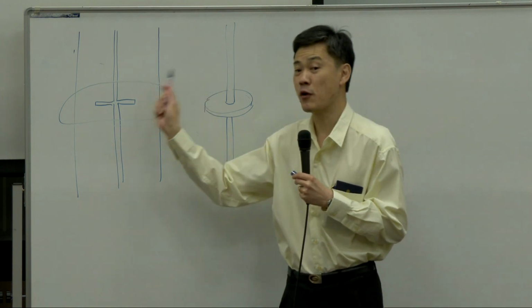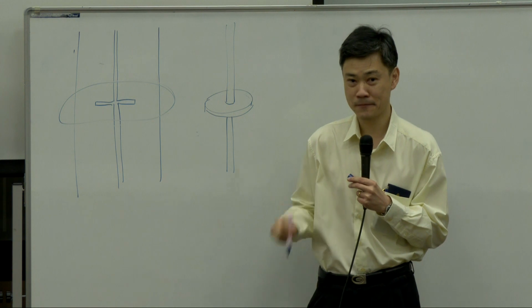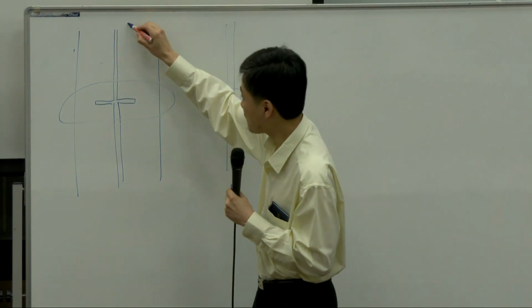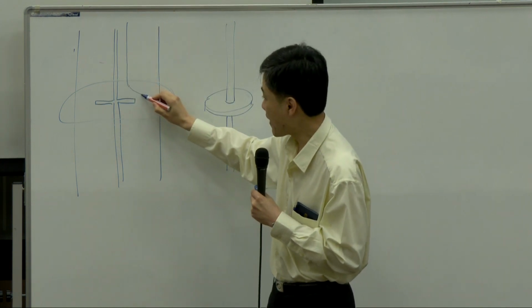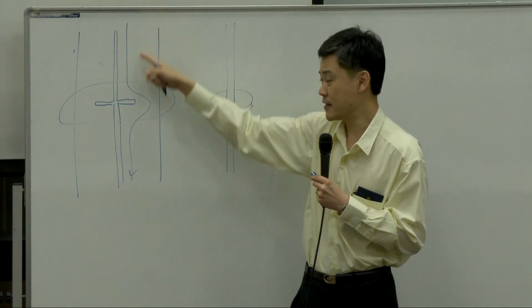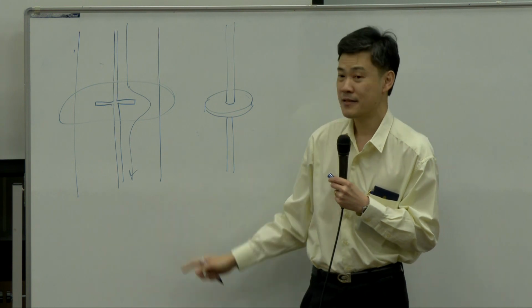Is there any swirling of fluid? You have to imagine that fluid goes down and then hits the plate, going around the plate like so. This seems to be the streamline of velocity, right? Is there any v theta?